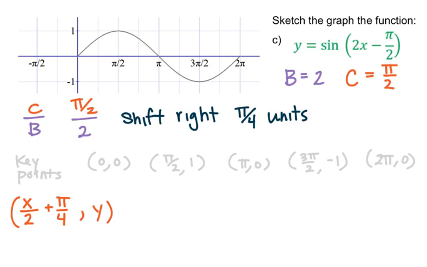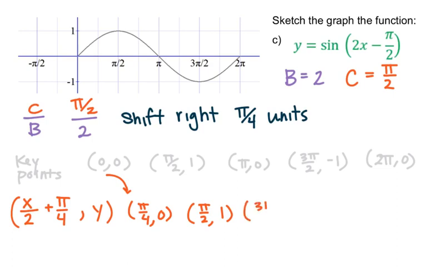So 0 divided by 2 plus pi over 4, I've got pi over 4, 0. Pi over 2 divided by 2 is pi over 4, plus pi over 4 is pi over 2. So we've got pi over 2, 1. Pi divided by 2 is pi over 2, plus pi over 4.